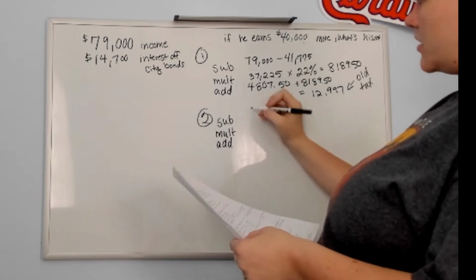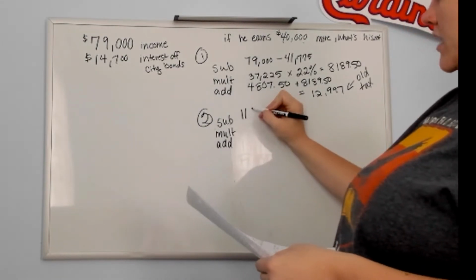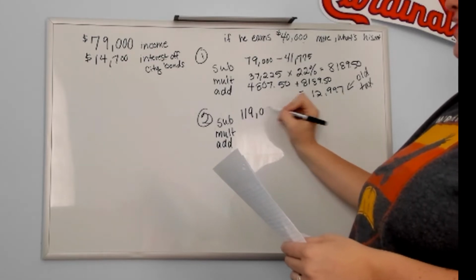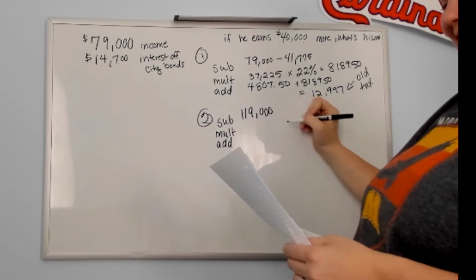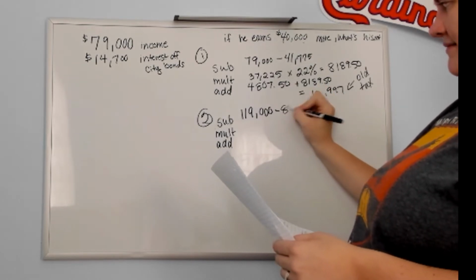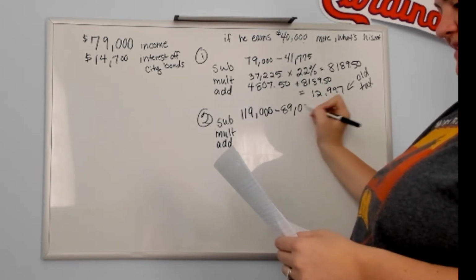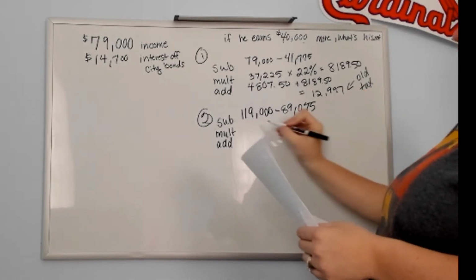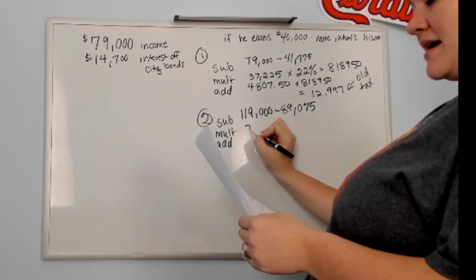So we're going to take our new income, 119,000, minus the bottom of that tax bracket, which is the $89,075.